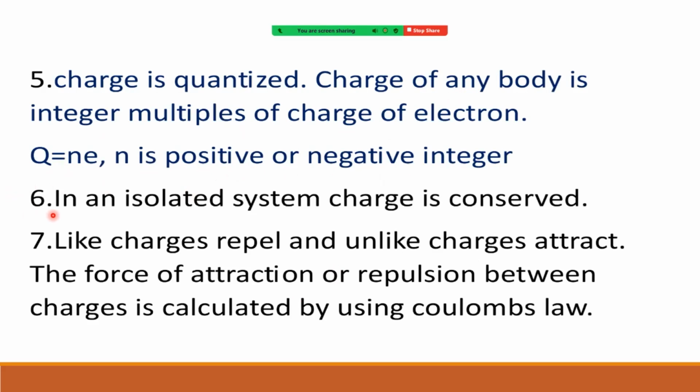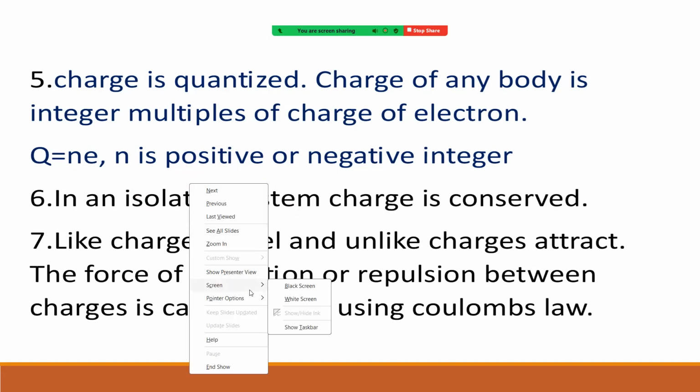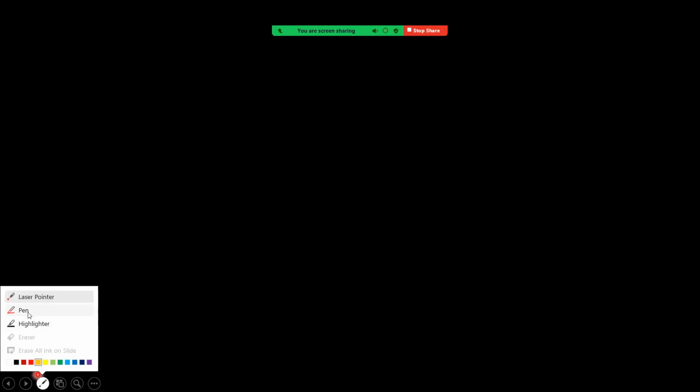And the next point: in an isolated system, charge is conserved. It means if you are taking one system, charge is constant. What do you mean by this? I will give an example here. Suppose we are taking H plus added to Cl minus.